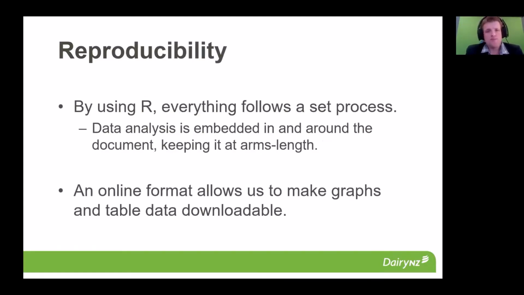The third reason would be reproducibility. Reproducibility adds value and credibility to your work. It gives the readers the chance to test your claims. It allows them to explore your work, and they can even do their own data analysis. From our point of view, one thing that we did was to include a download button for all our data tables.